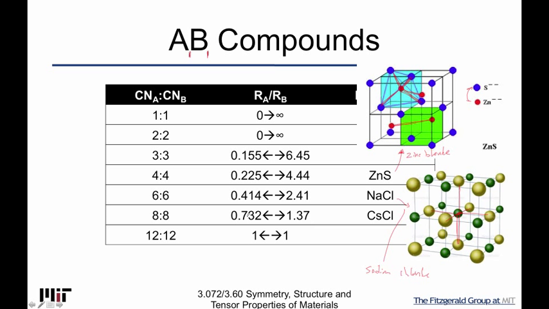And you can see that as you go up, it gets increasingly difficult to have both A and B be in an octahedral site. It's not impossible, as cesium chloride actually achieves that. And of course, it is very difficult to have 12 and 12.